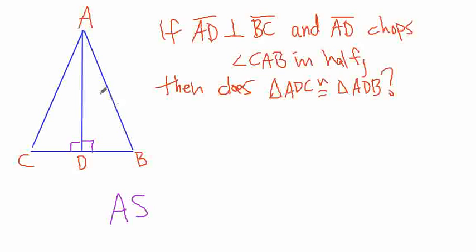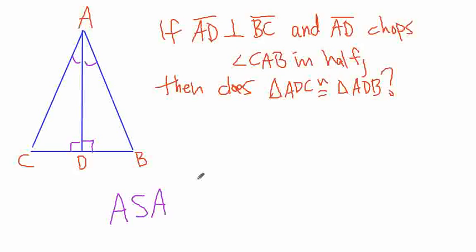And now we know that the two angles formed from AD bisecting CAB are congruent, because one of the givens was that AD chopped angle CAB in half. So that's our second pair of angles that are congruent.